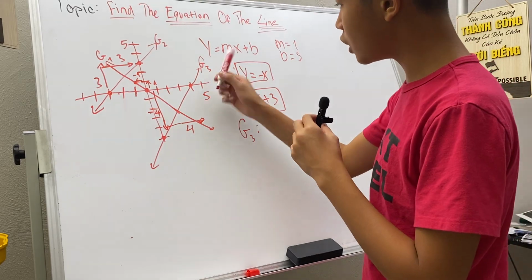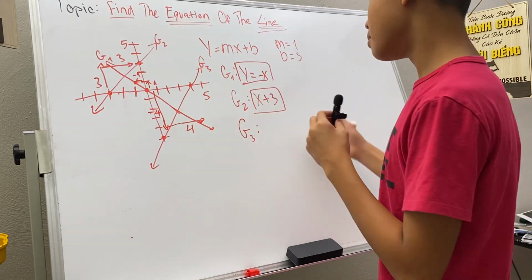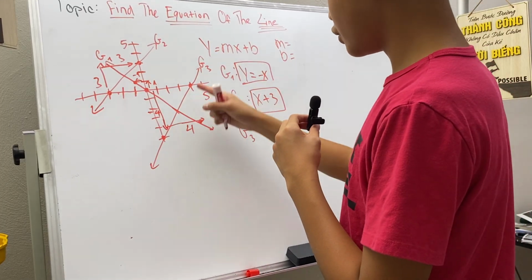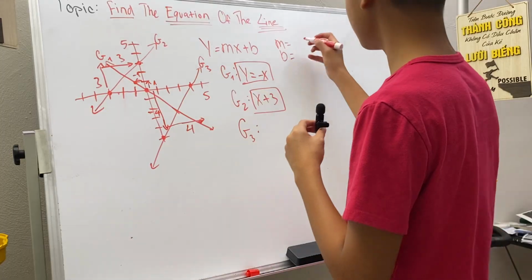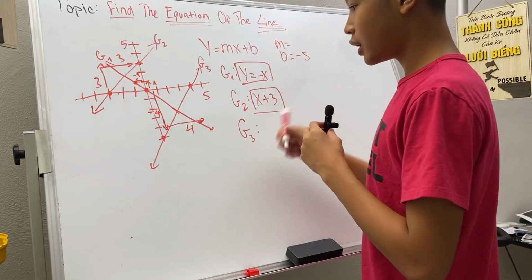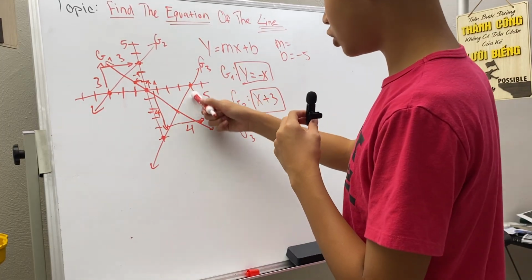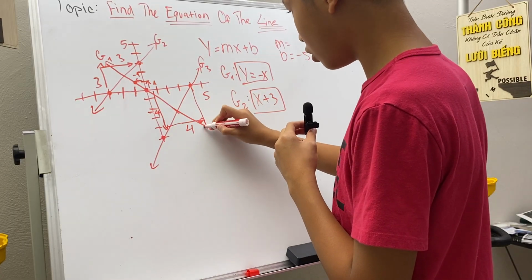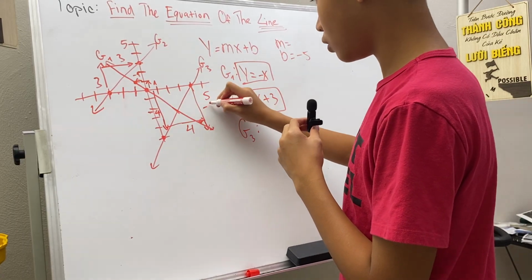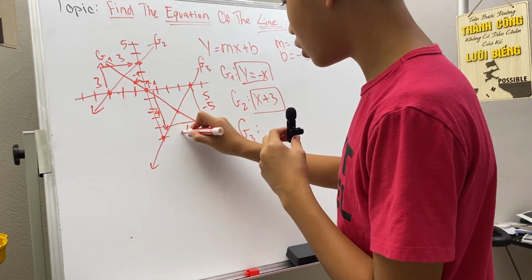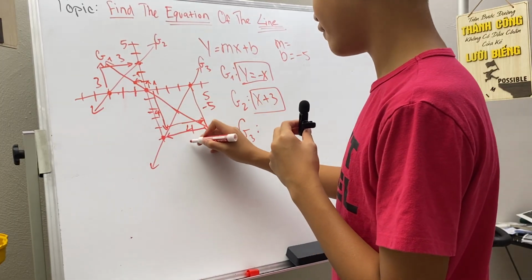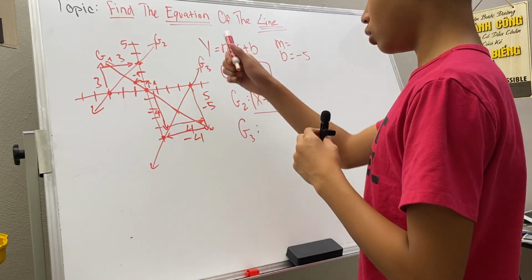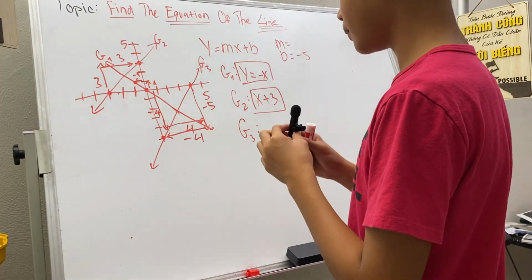Now, graph number 3. This one is pretty ugly, but it's okay. This is negative 5, the y-intercept. To get from this point to that point, you need to go down 5, then over 4.